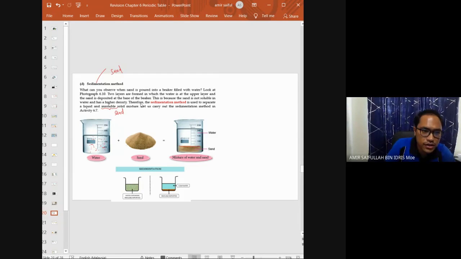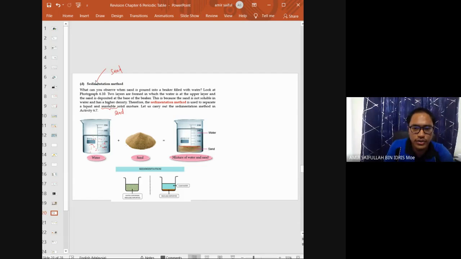So this method is called sedimentation. You let all the sand sediment at the bottom of the flask, so you will only get the fresh water. But if the solid is soluble, you cannot use the sedimentation method. It will not work.